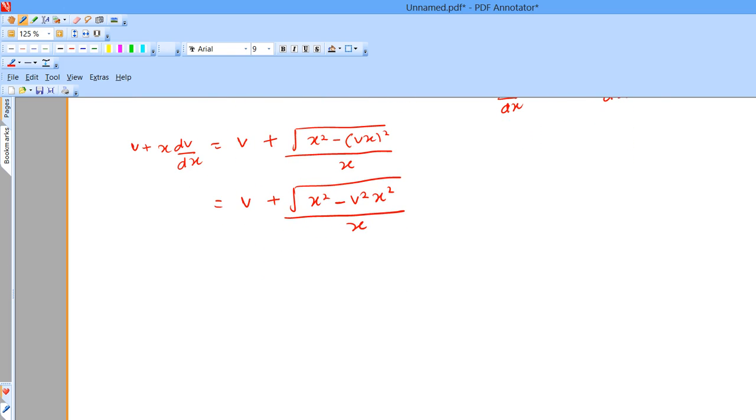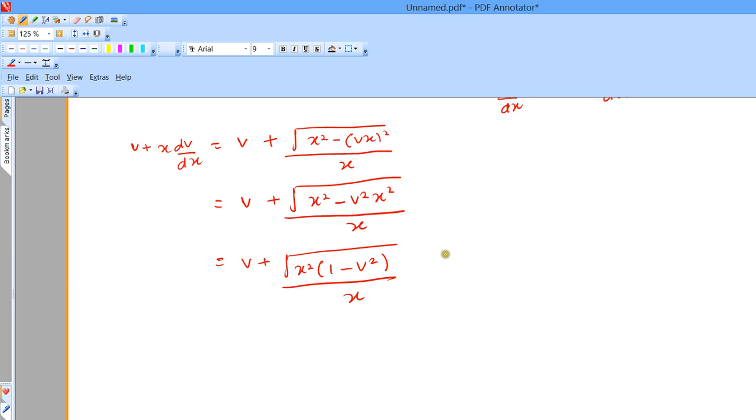So we want to simplify the term in the radical, so we can factor out x squared, so we get v plus the square root of x squared times (1 minus v squared), over x.